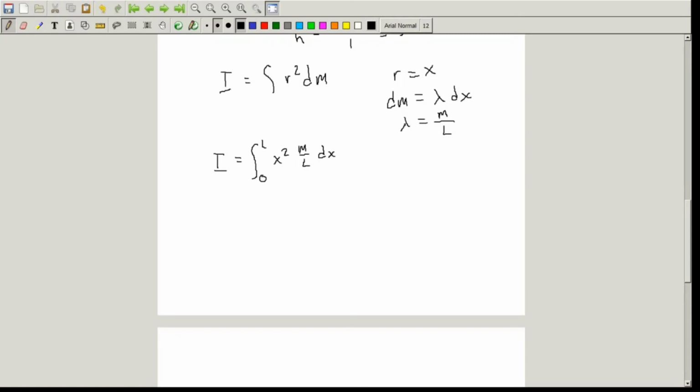And we can pull m over L out of the integral, and then integrate x squared dx.